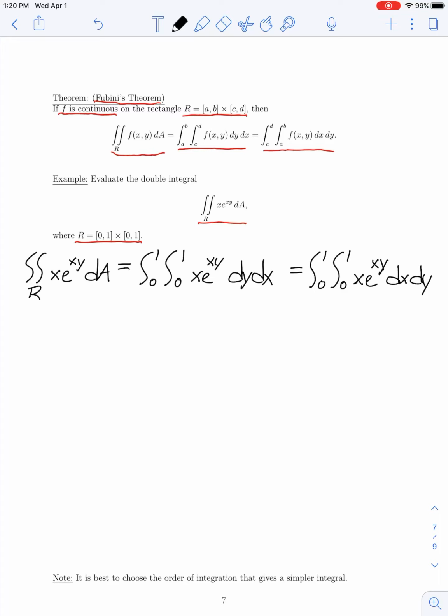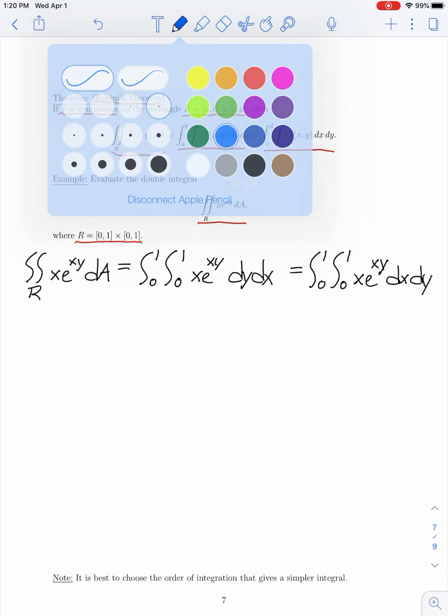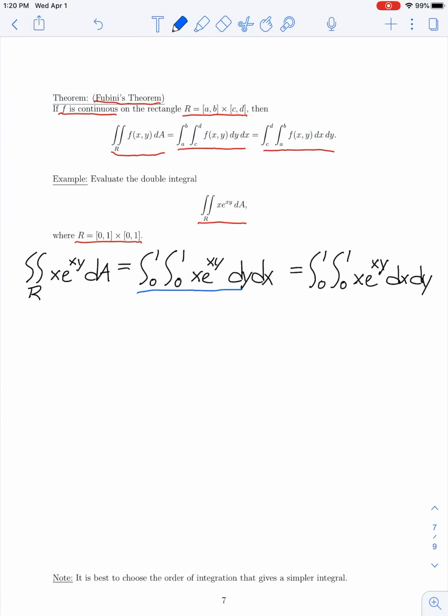So it's up to us to choose which of these orders of integration we'd rather use. And in several of these problems, one of our orders of integration will result in a much easier antiderivative.